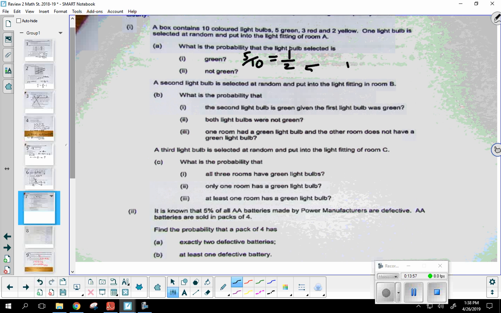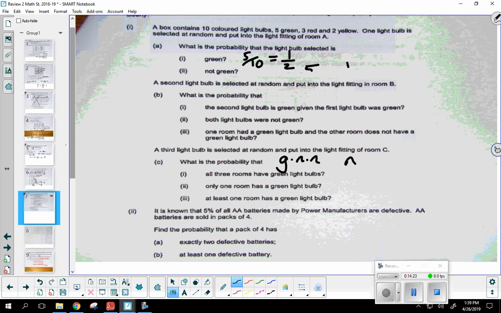Perkins, awesome. Okay. What's the probability that only one room had a green light bulb? You remember what I did in the previous ones with the green, green, green, no green, green. I basically did the same thing here. The order I'm going to put these in is the first, second, and third room. So you could have a green in the first one, then not green, not green.